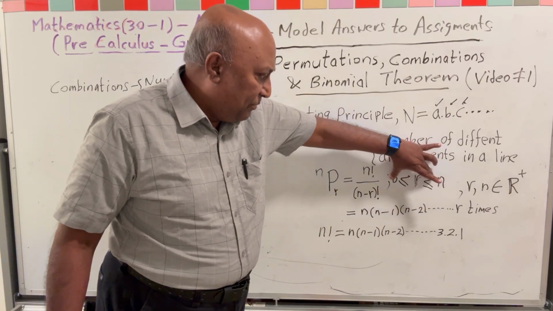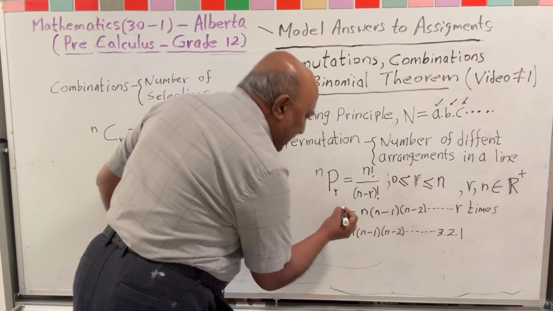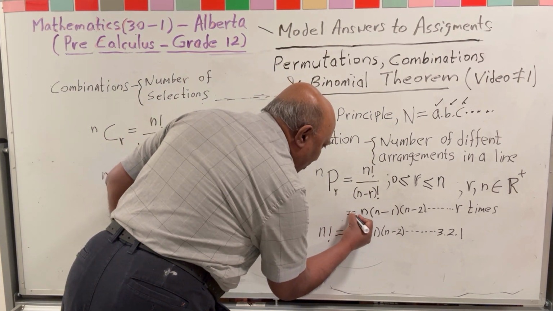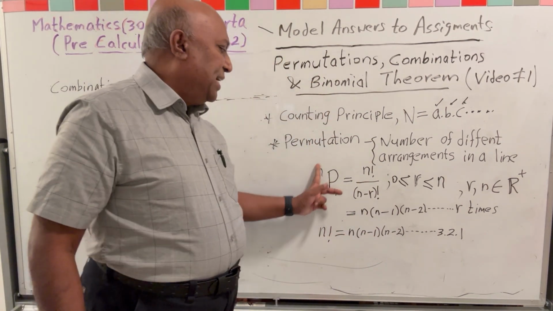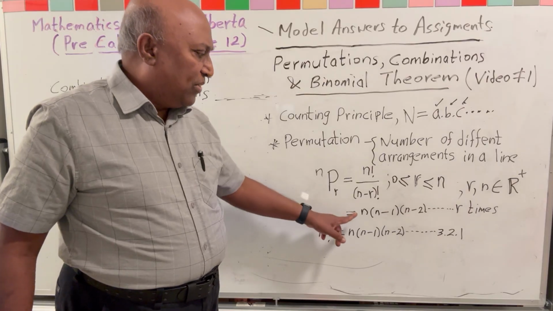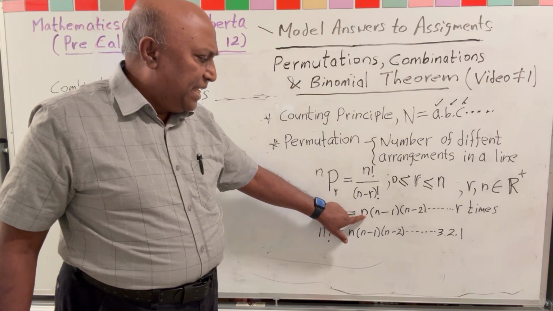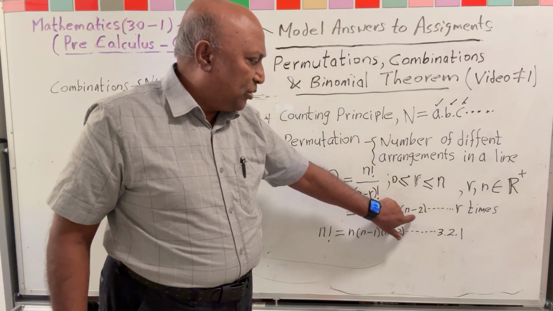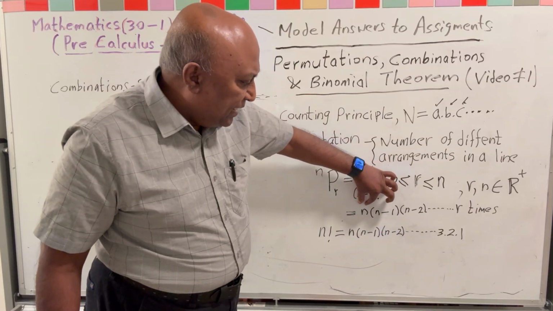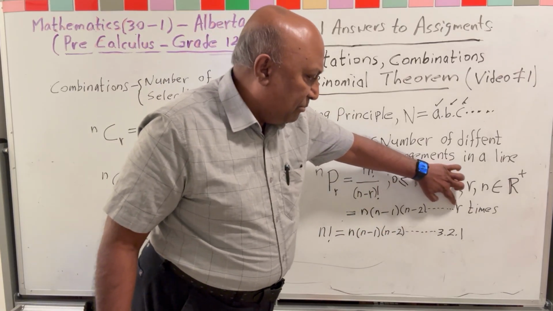This is obvious. In addition to that, this is an alternative formula for nPr: n times n minus 1, n minus 2, and so on. We have to repeat this product R times.